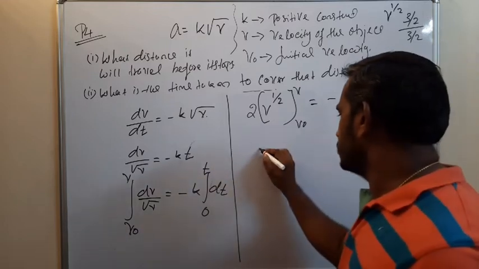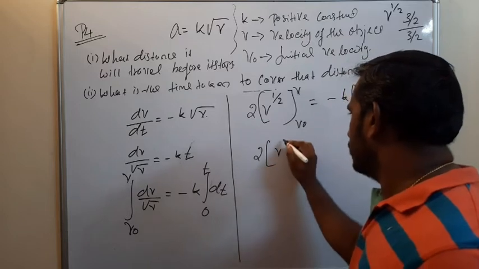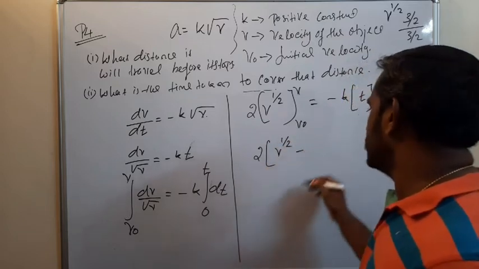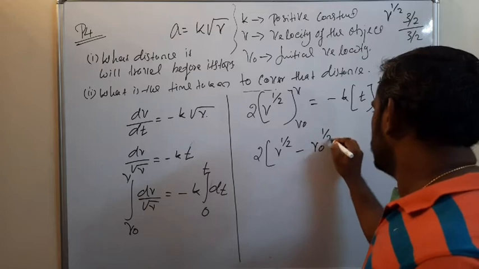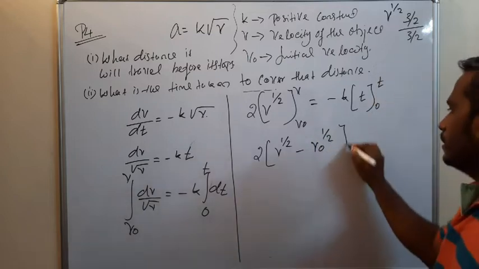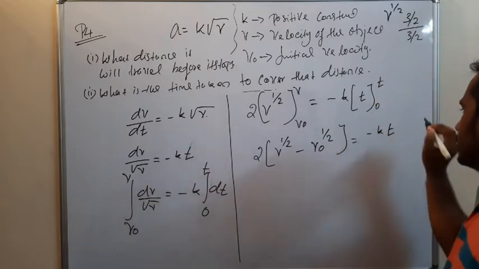So apply the limit, 2 into v power 1 by 2 minus v0 power 1 by 2 is equal to minus kt.